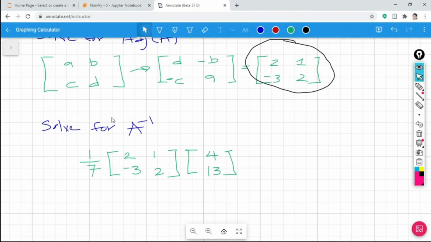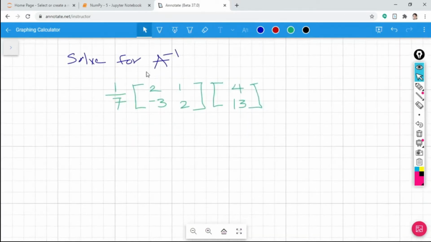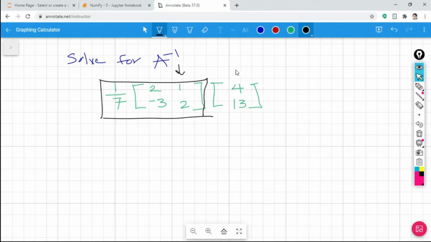Okay, so what will be the result? So we're solving for this one, which is A inverse already. So this one is A inverse. So I go directly. Okay, so this one is the b. Okay, so we have a formula if you remember.